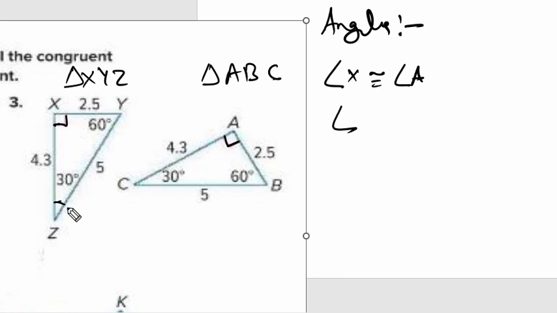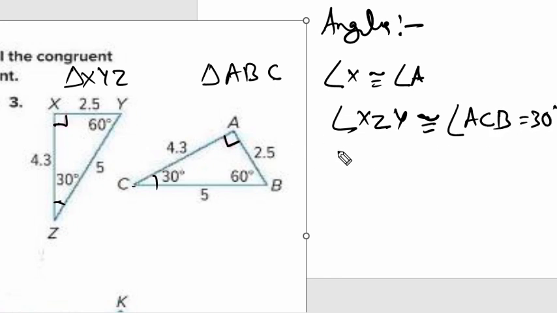Now this is 30 and this is 30. So angle XZY, which is 30-degree, is congruent to ACB. Both are 30-degree. This is given information.